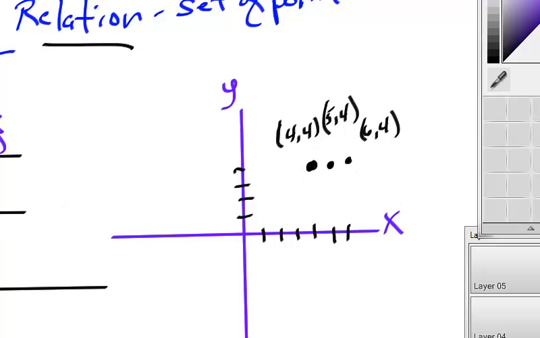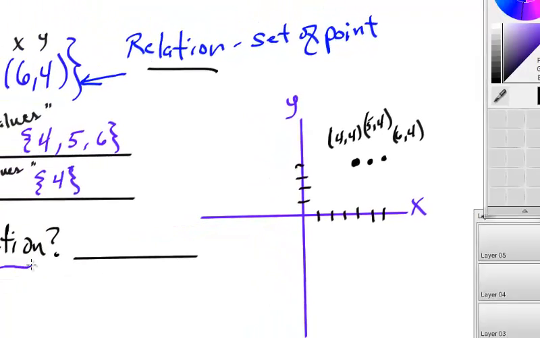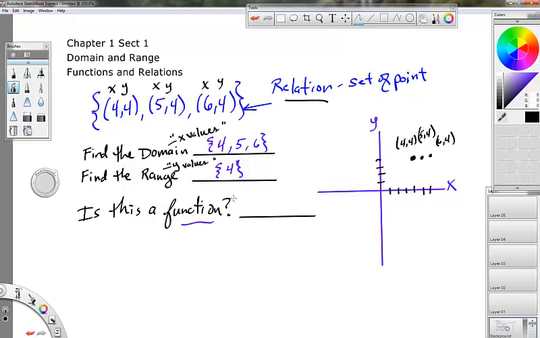To answer this yes or no style question, it's like multiple choice, is it or is it not? So, is this a function? The answer is yes, it is, because it passes something called the vertical line test. And we're going to talk about that more later.